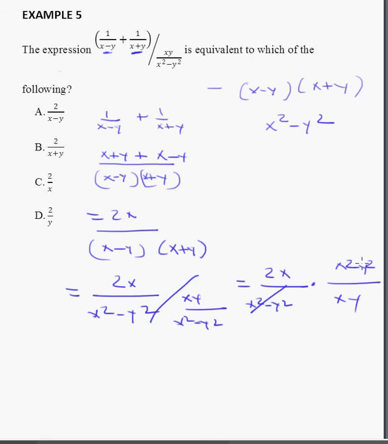So this x squared minus y squared will cancel that, and therefore this now becomes 2x divided by xy. This x will cancel this x, and therefore this becomes 2 over y.